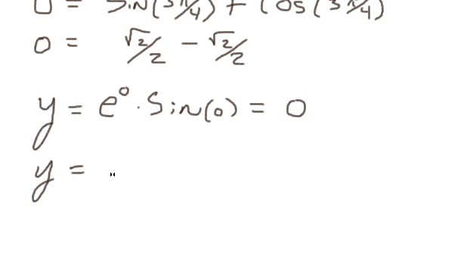And then we plug in e to the pi, and sine of pi is also going to end up being 0. So as you can see, we're going to have a minimum at 0, and a maximum is going to occur at 3 pi fourths.